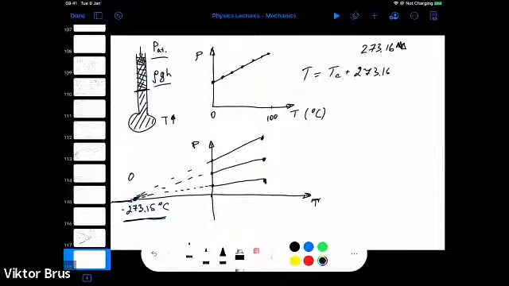And then we have the same range, so 1 Kelvin. So this is already absolute temperature measured in Kelvin, is equal to 1 degree Celsius.